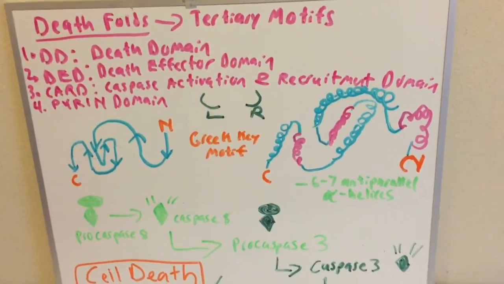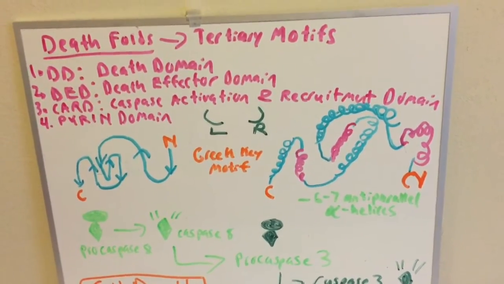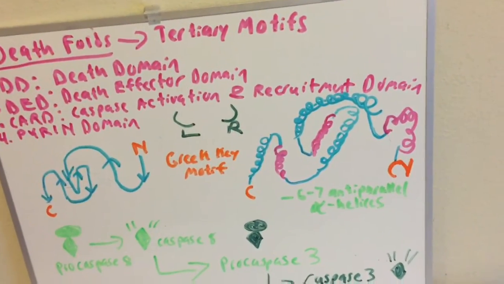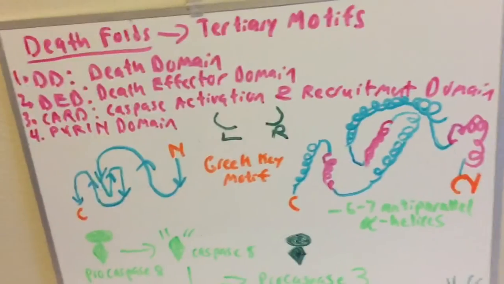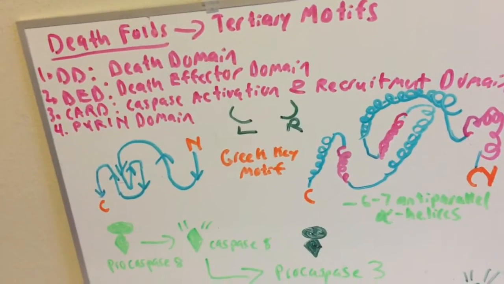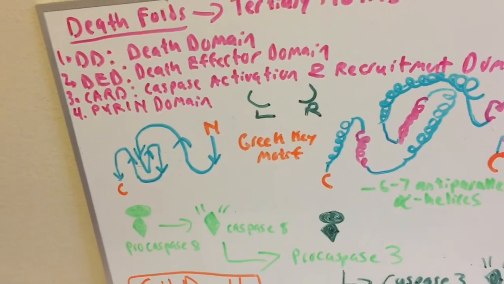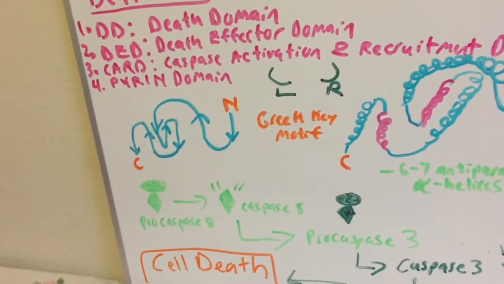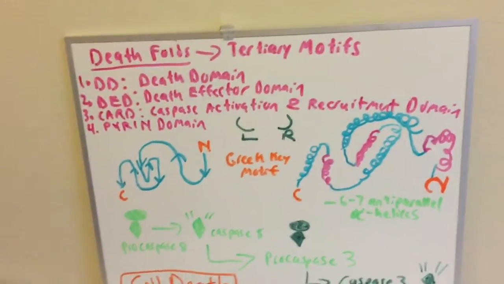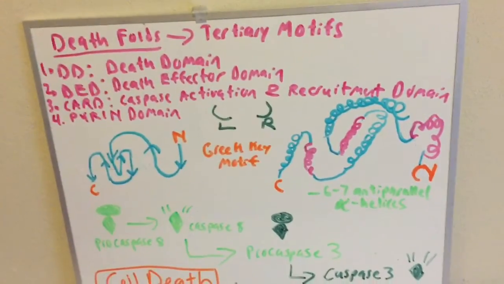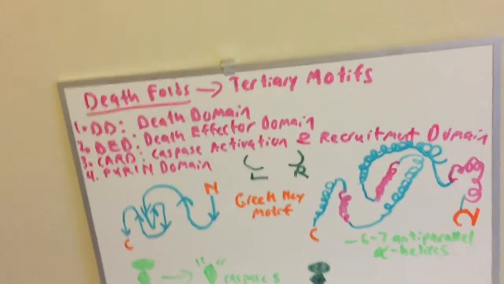These death folds are a kind of structural motif, where in biochem we discuss things like zinc fingers and helix-loop-helix. These kinds of structures make up the higher level protein structures.